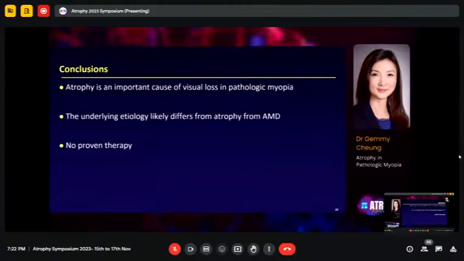And I've highlighted at least 3 important mechanisms, ischemia being one, but also mechanical damage as well as inflammation have been raised as well. So I look forward to new data which will help us further understand this area and hopefully to develop effective therapy. Thank you very much.